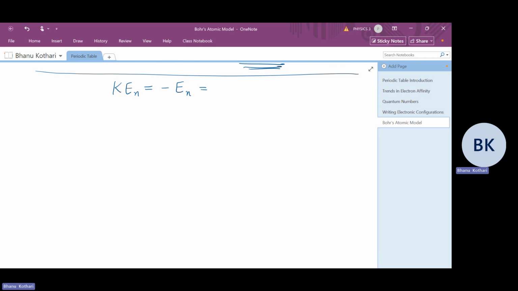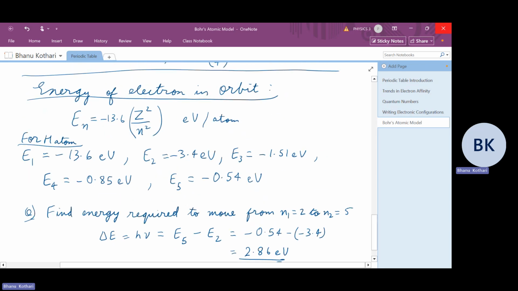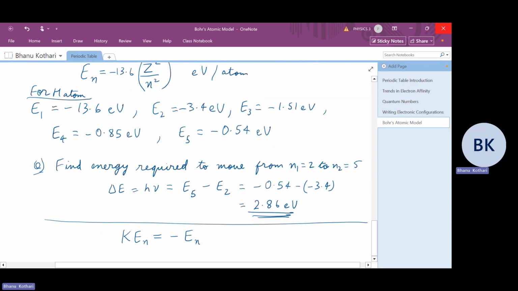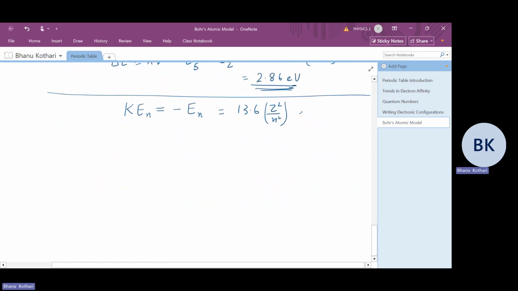The total energy we know is minus 13.6 Z square by n square, so the kinetic energy will be plus 13.6 times Z square by n square electron volts per atom. This is the kinetic energy of the electron.